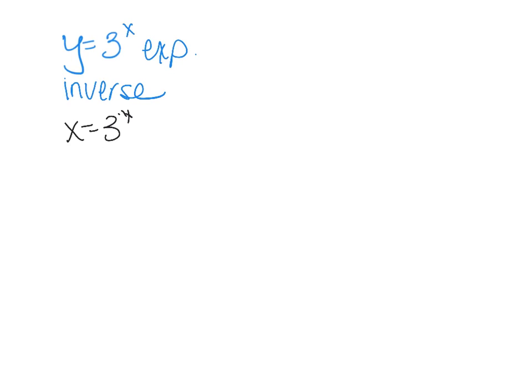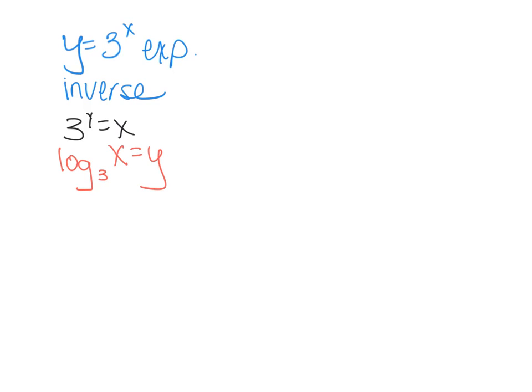So I am going to rewrite this. My answer's on the right, that's just how I like to do it. So 3^y equals x. So we learned to convert the form. It would be log base 3 of x equals y.